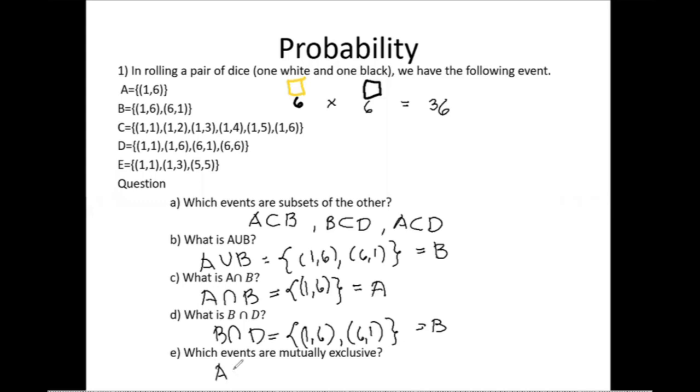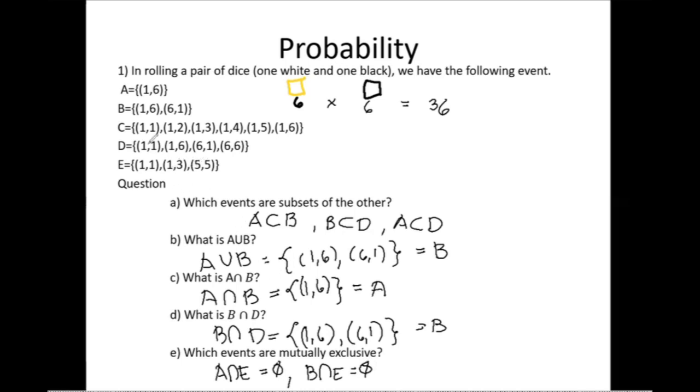A, tsaka yung E. Intersection kasi ng A and E is empty. Yan. So, mutually exclusive sila. No? Ano pa? B and E. Di ba wala silang intersection? So, B intersection E is mutually exclusive.